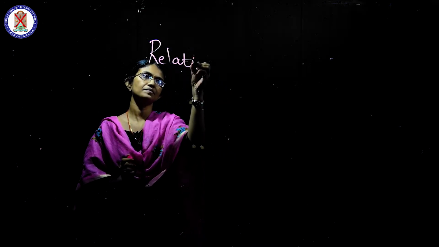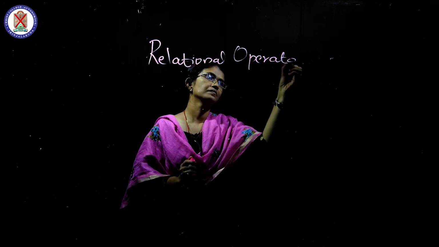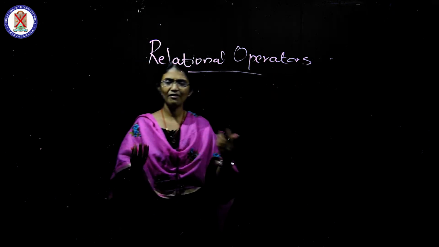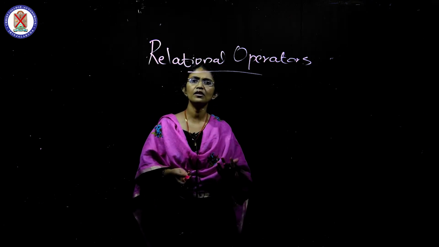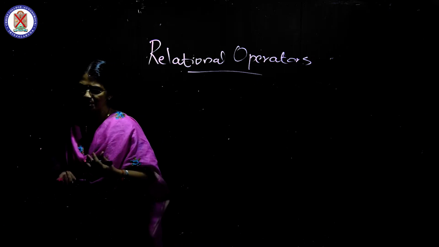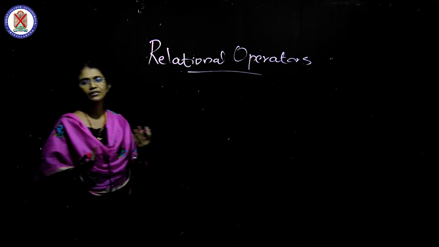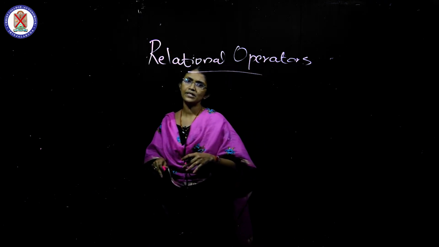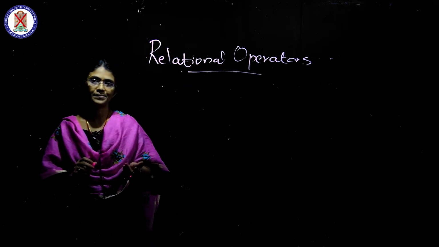Next, we are going to see the relational operators. We usually compare values or constants for reaching a decision. For decision making, we compare constants or variables or values. For this purpose, we use relational operators.